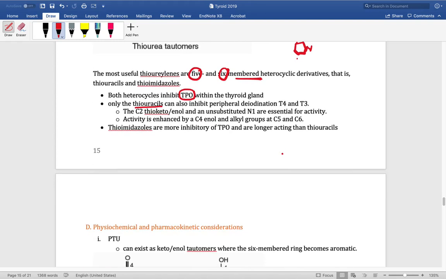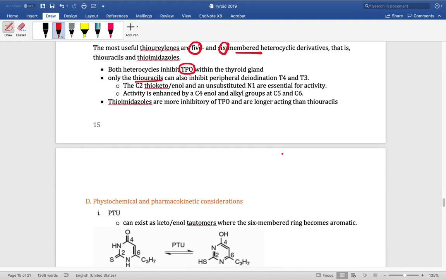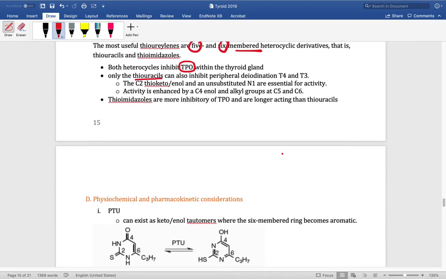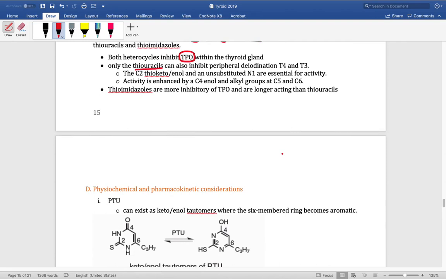All right, so let's put this in perspective. When we talk about the thiouracils, the representative agent is propylthiouracil. It can exist as a keto or an enol, so there's a tautomeric form that exists.